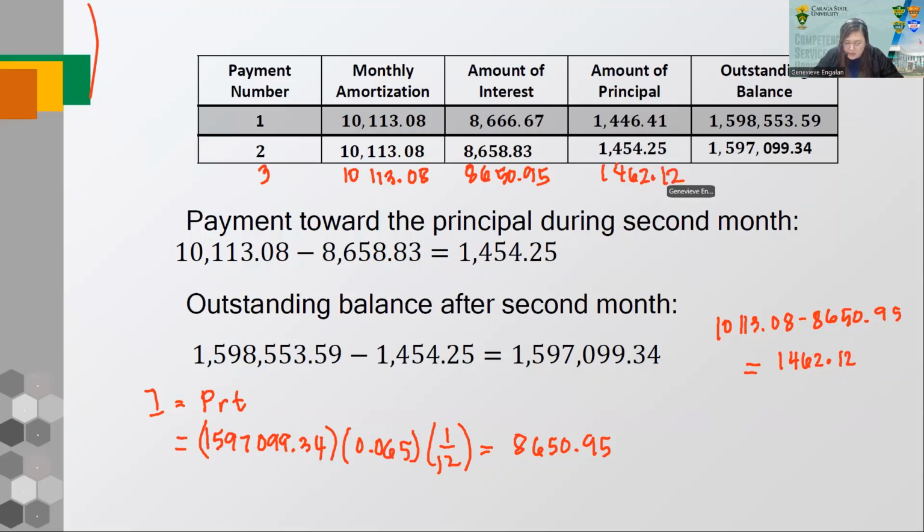Subtract it from the debt, class: 1,597,099.34 minus 1,462.12.